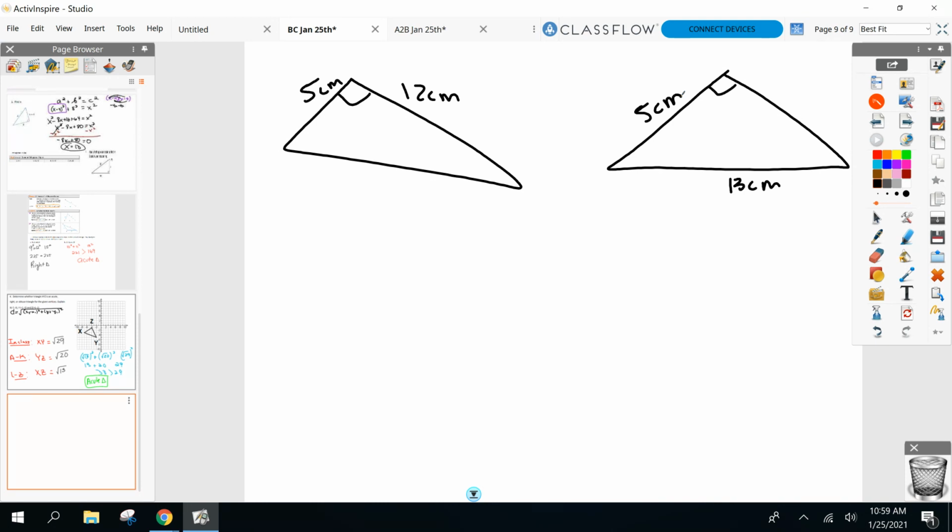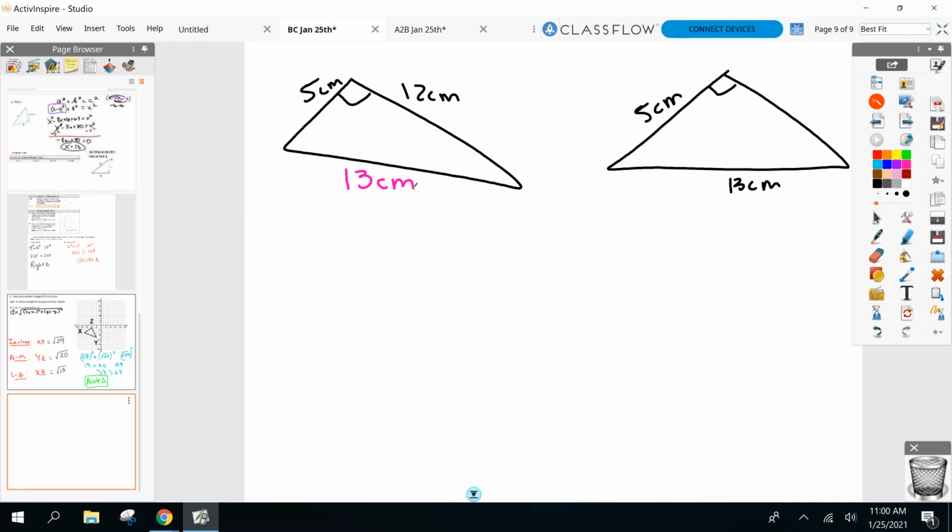So I can see most of you working right now to find the missing sides, so go ahead. So as you guys do Pythag, in the first triangle, you're seeing the hypotenuse is 13 centimeters.